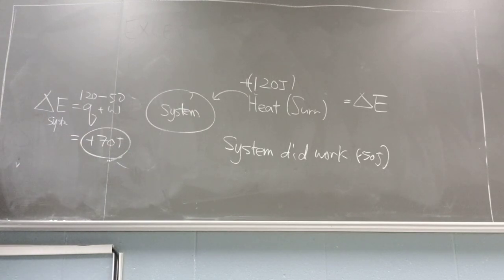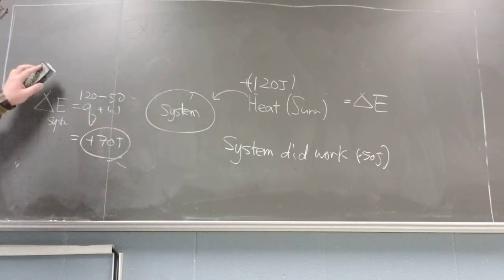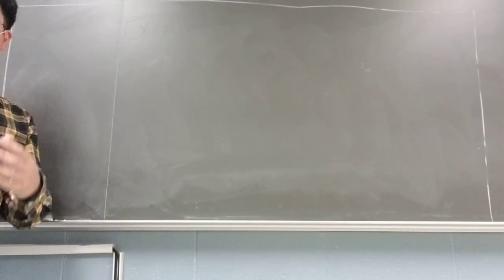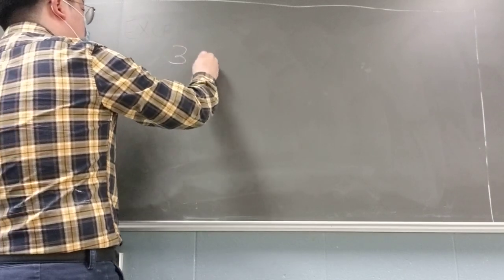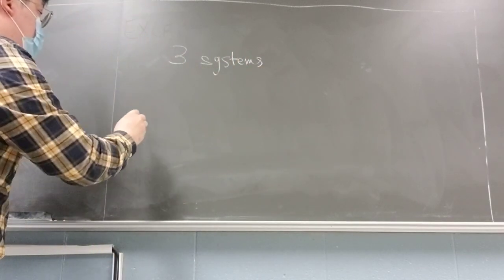Okay. Does it make sense? Can I move on? Okay. Good. Perfect. All right. So whenever we talk about the system and the surroundings, there are 3 systems I want you to remember. The first one is the open system.